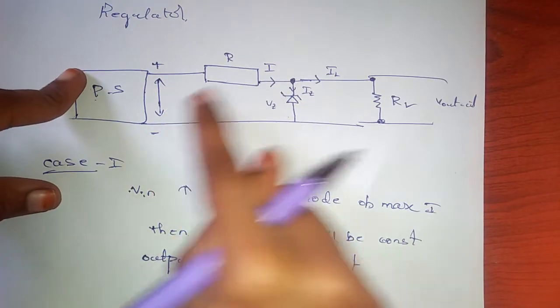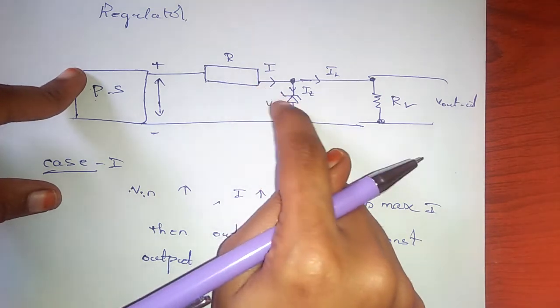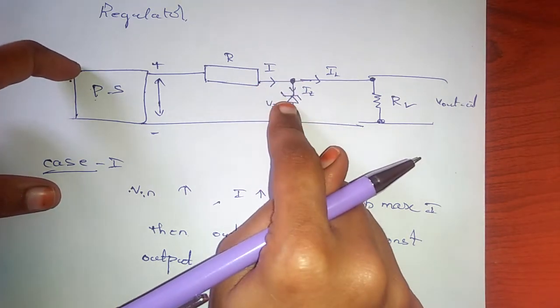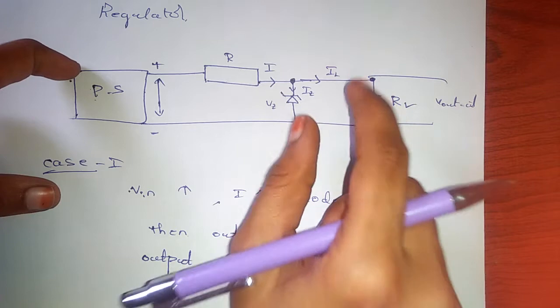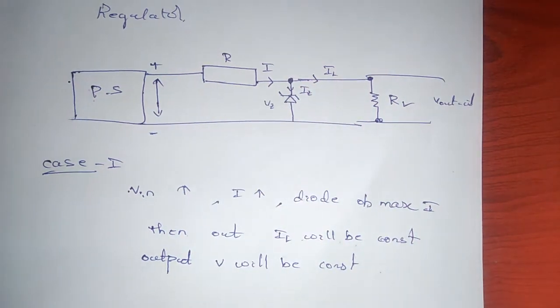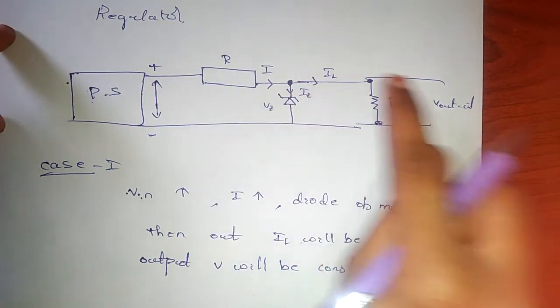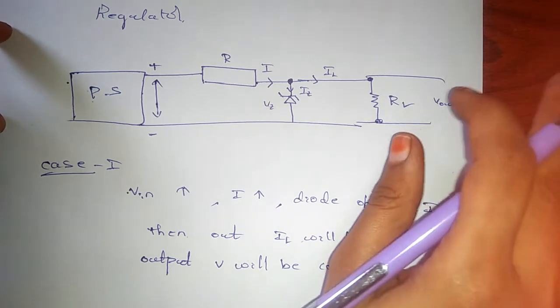See, if the voltage increases, then the current I will increase, so that the Zener diode will absorb the maximum current and flows out a constant current. So having the constant current, the output voltage will be constant.